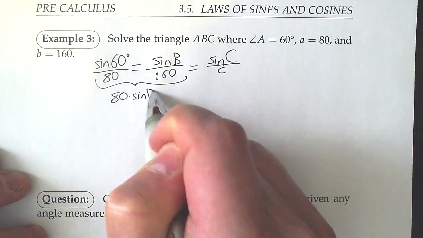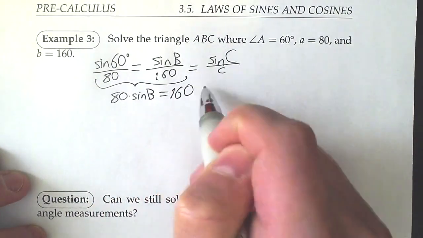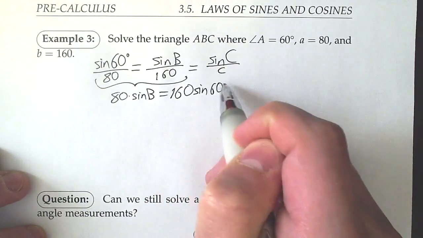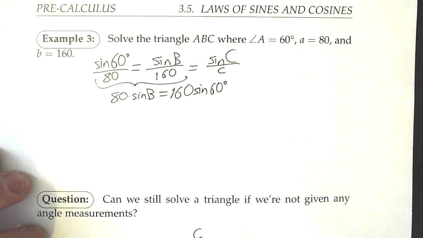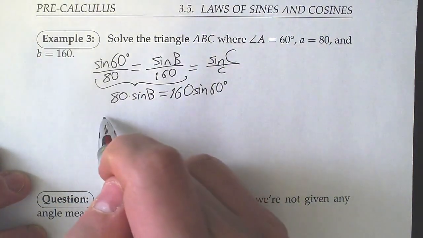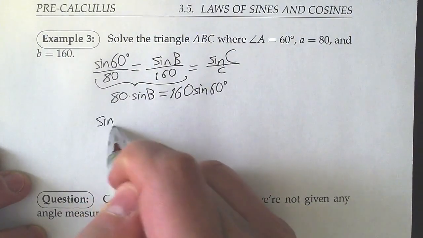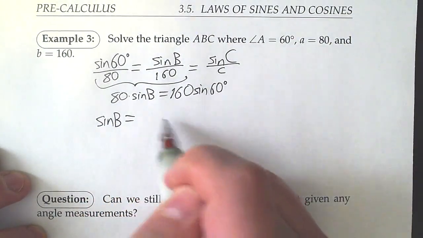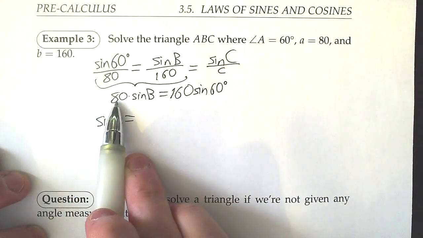Everything looks normal so far, but I want to show you what is about to happen. So we would try to solve for sine b. We get sine b equals, divide both sides by 80.